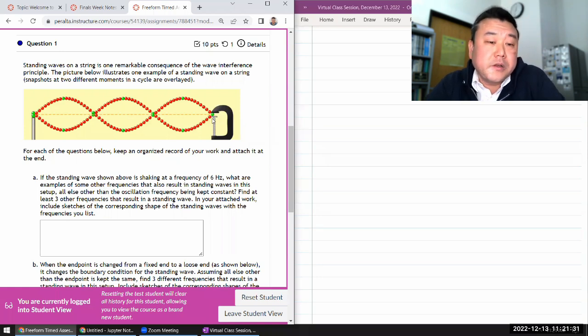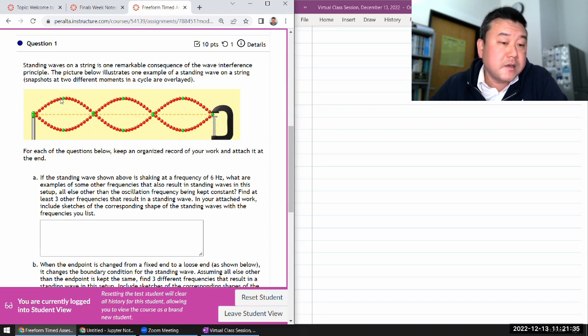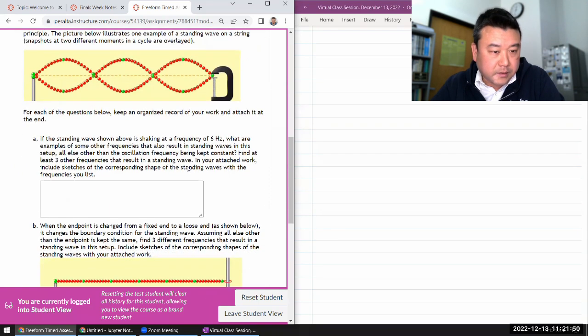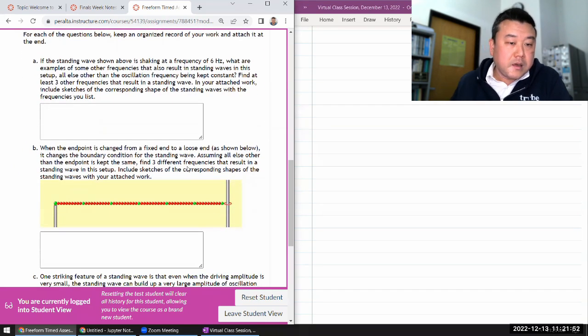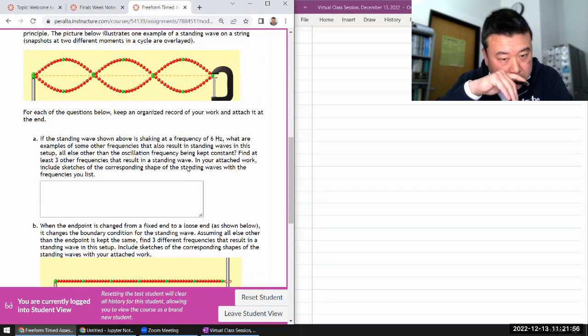The picture below illustrates one example: snapshots at two different moments, one maximum position and another maximum position, are overlaid. For each of the questions below, the standing wave shown above is shaking at a frequency of 6 hertz.